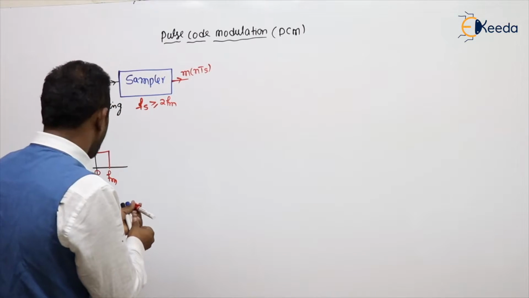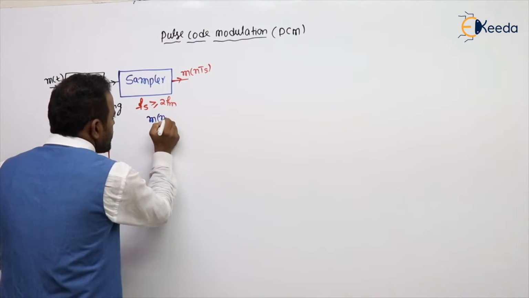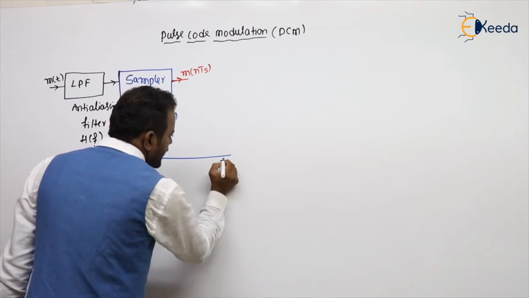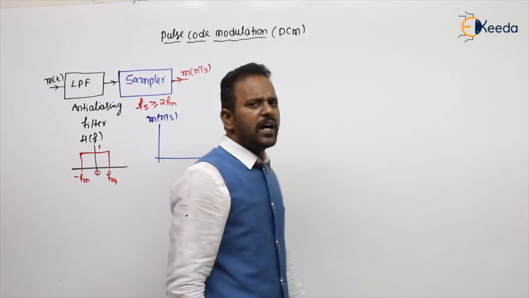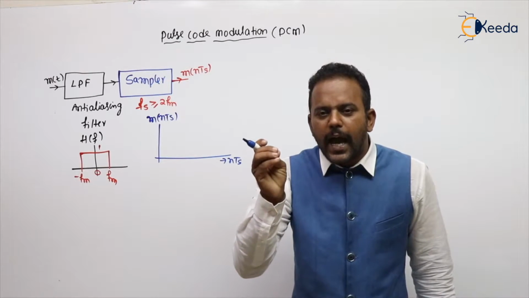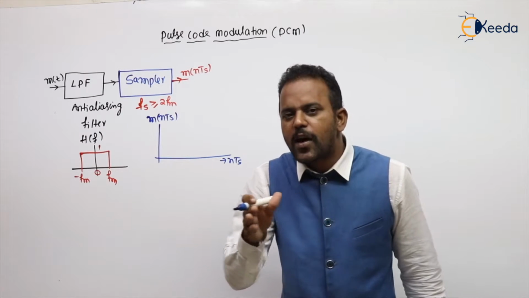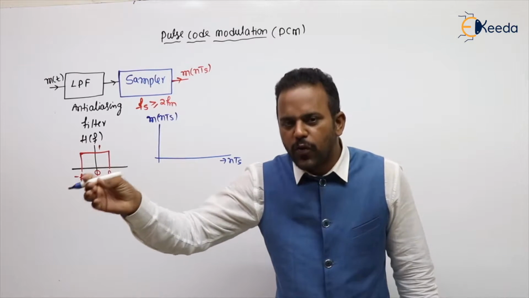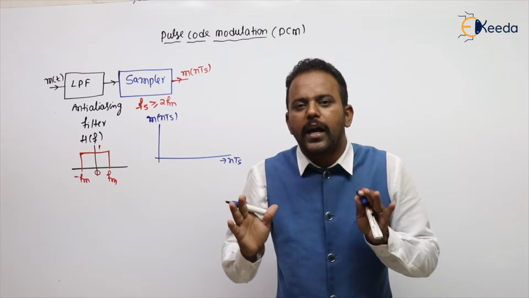Suppose I draw the graph between m of nTs versus nTs. What is the output of the sampler? A simple logic, simple thing. The sampler output is nothing but the amplitude of the message signal at regular intervals of Ts, that is 1 Ts, 2 Ts, 3 Ts, 4 Ts. At these instants, what is m of t?